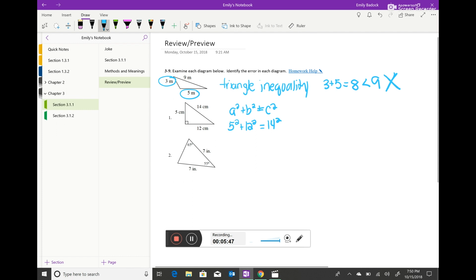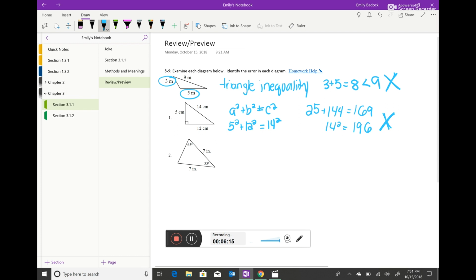We have 25 plus 144, and that's going to get us 169. And 14 squared is going to get us 196. So those do not hold up. That one would be the Pythagorean theorem is not holding up.